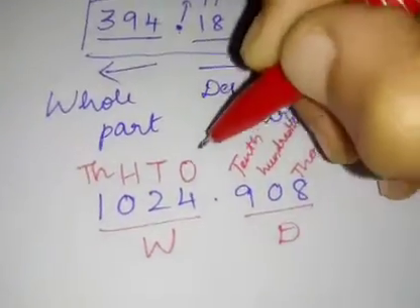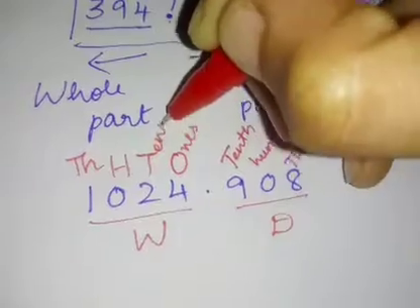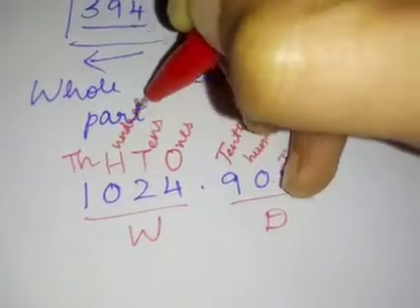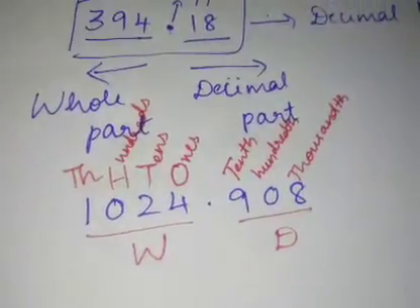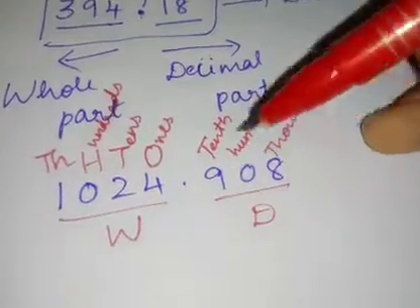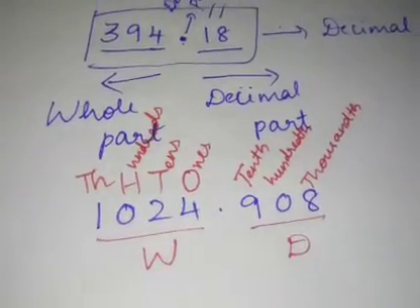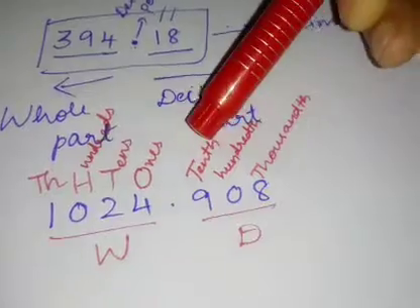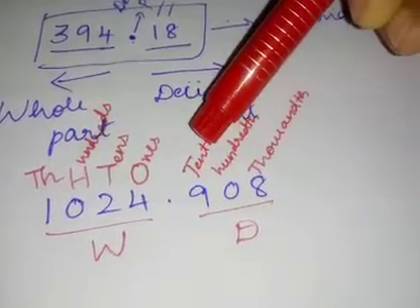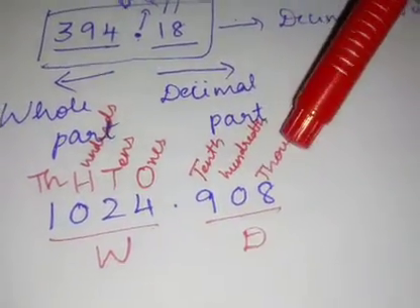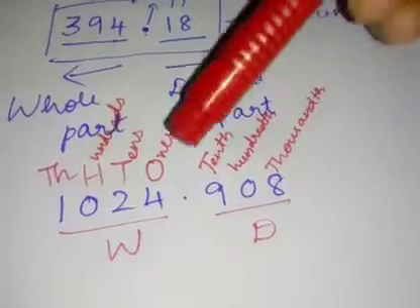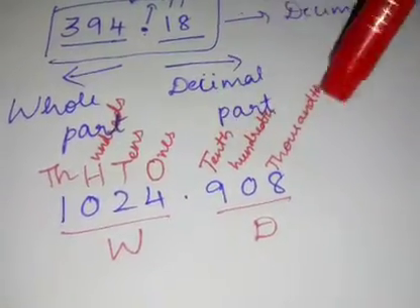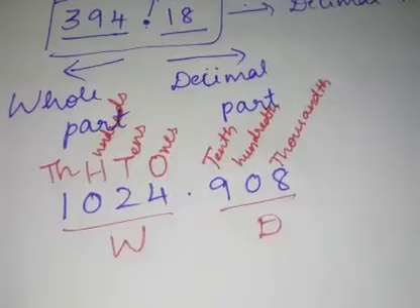So here, what have we done? Ones, tens, hundreds, thousands, yes. But on the right side of your decimal point, how will you represent it? Tenth, hundredth, thousandth. See the spelling? It is different. Based upon the difference in the spelling, there is also a difference in the value.